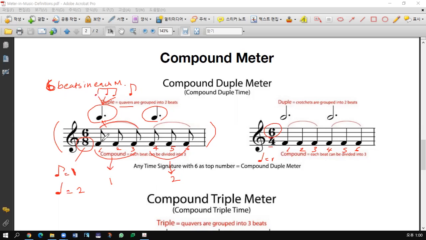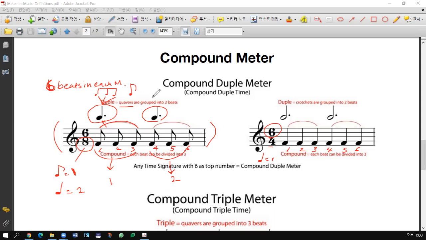So here we can play this one like 1, 2, 3, 4, 5, 6, right? But at the same time, the other way we can play is like 1, 2, 1, 2, like that. Okay, so the eighth notes are grouped into 2 beats, so this is duple.